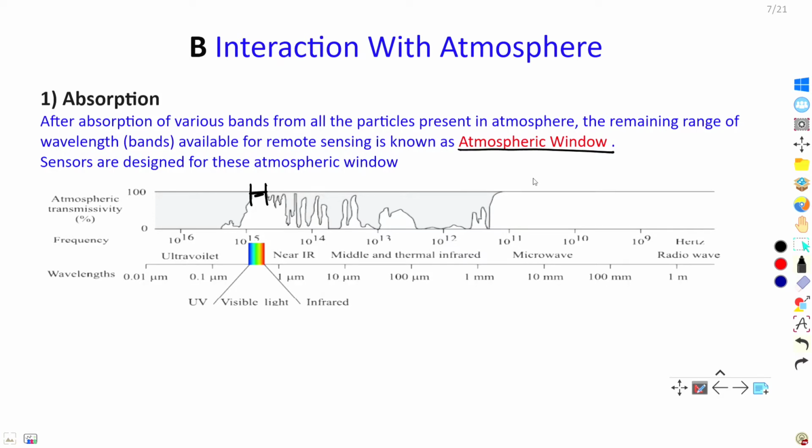So we can define atmospheric windows as the remaining range of wavelengths that are able to reach the target. And our remote sensing sensors are designed for these atmospheric windows only. In this figure we can see that visible light rays and infrared rays have less absorptivity. Also, for microwave, negligible absorption happens here. Hence microwave is very good for remote sensing.